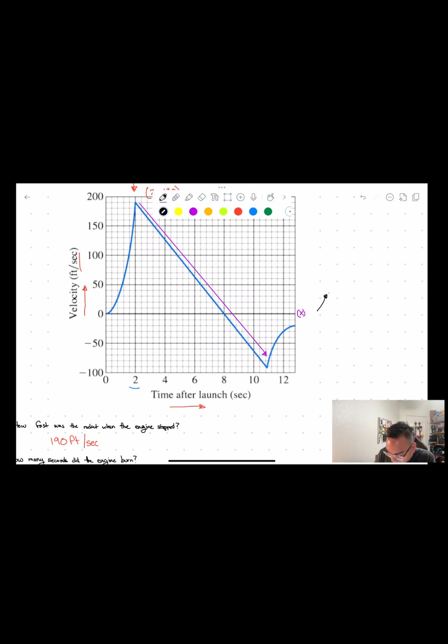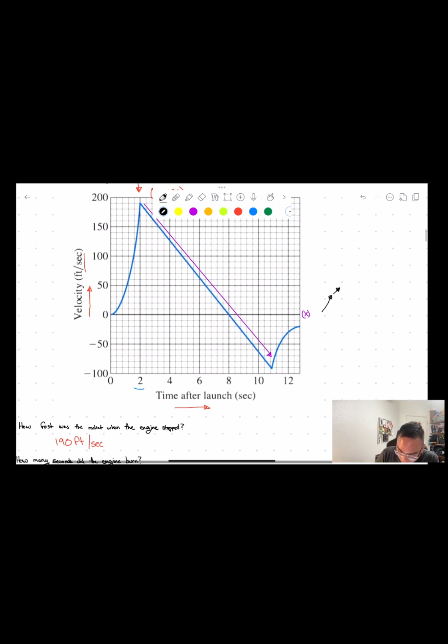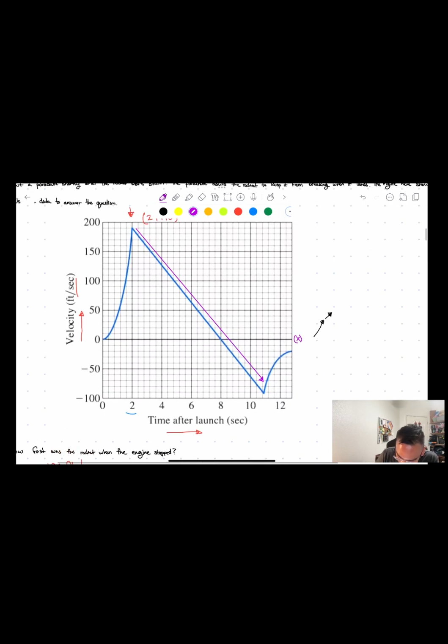There's enough momentum for it to keep going a little more forward. Not a lot, but a little bit more. So it's still going up a little bit. So right over here, this portion of the graph is negative velocity, right? Because it's going down. That's one way to think about it.